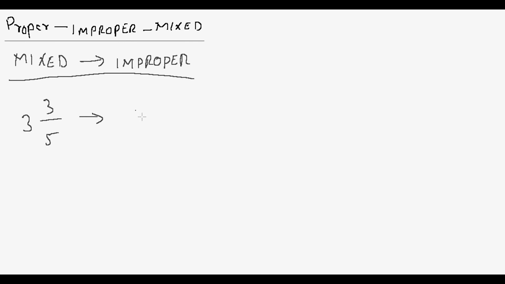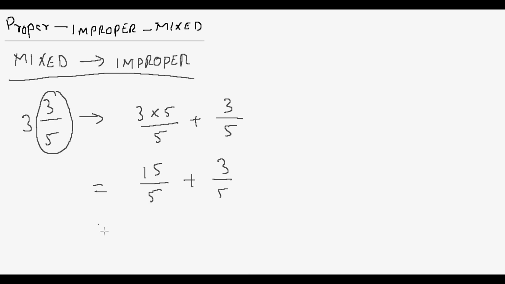So this can be converted to an improper fraction by multiplying 3 with the denominator and using the same denominator, plus the proper fraction, which is 3 times 5 is 15, the same denominator, plus the proper fraction part of this. Therefore, you would have 15 plus 3, 18 over 5.